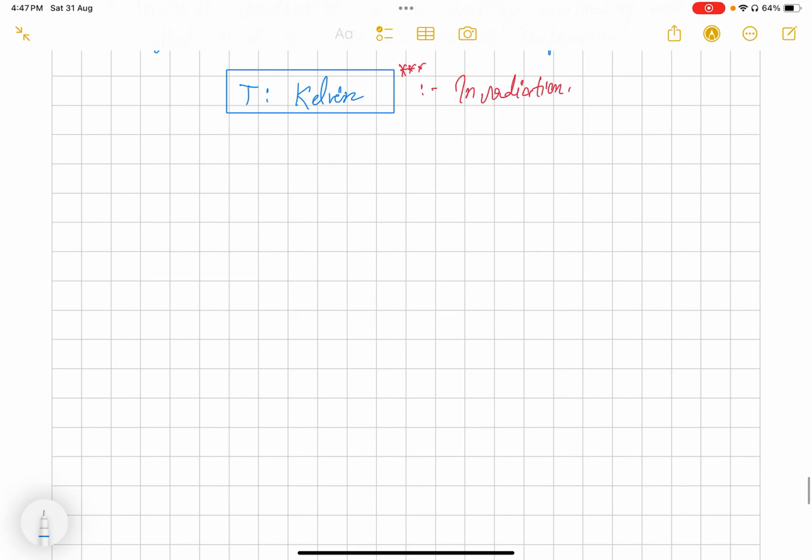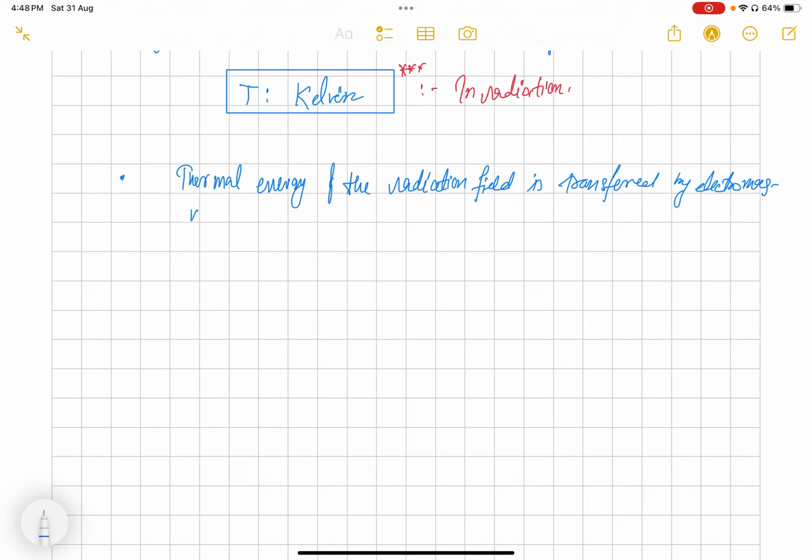As I said, the thermal energy of the radiation field is transferred by electromagnetic waves, or conversely photons.